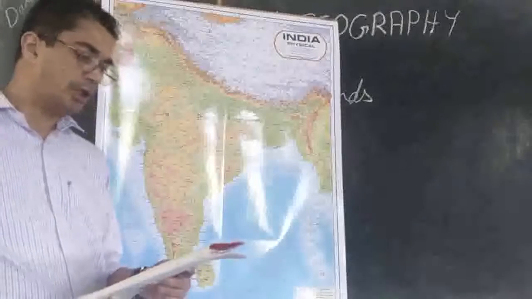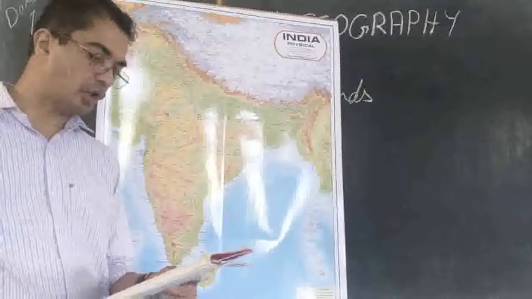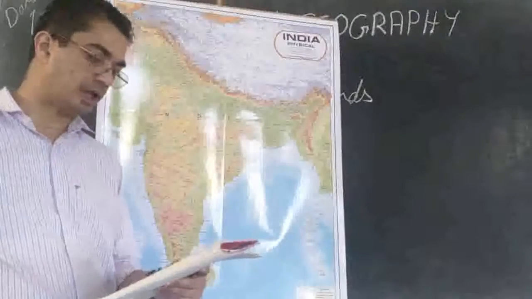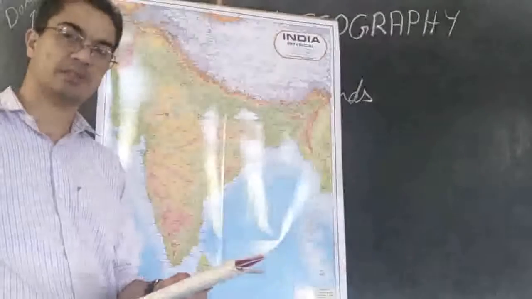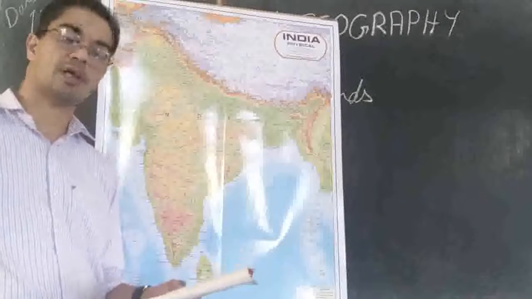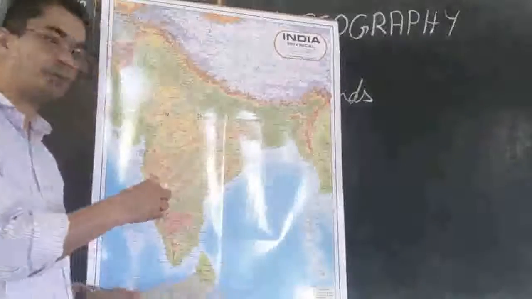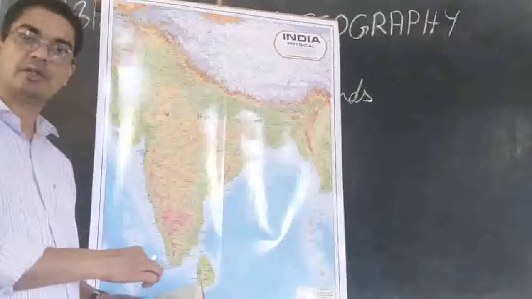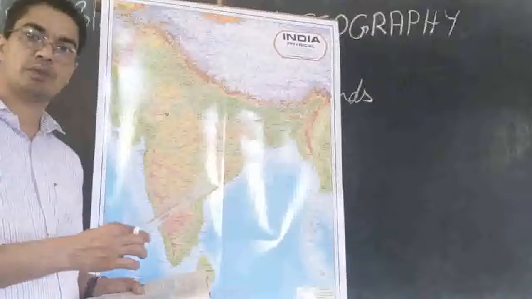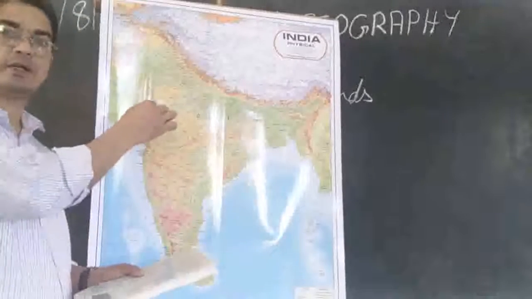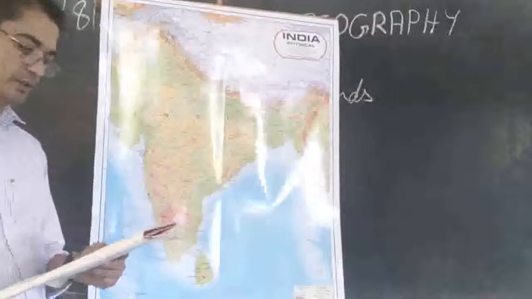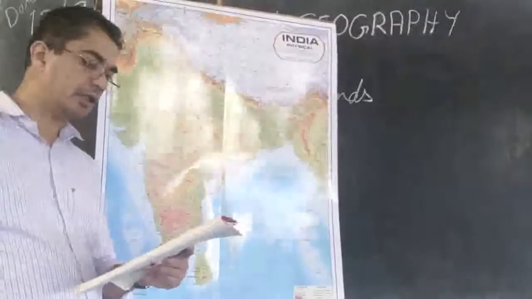In summer, the low pressure area develops over interior Asia as well as over northwestern India. When the summer comes, the situation becomes opposite. Before, the low pressure area was in the south. Now during the summer, it is developing in the west, in the interior Asia.